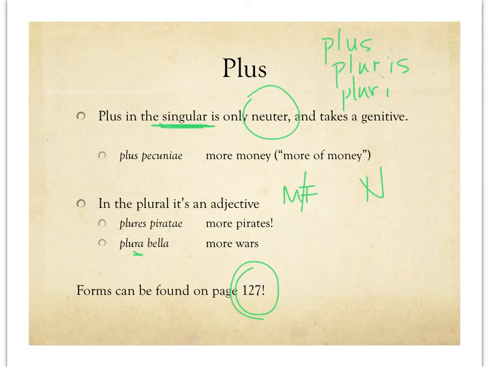So we're not going to say more bitter and say plus acer or something like that. We would use the comparative form acrius. But we use this only with nouns to talk about the number of things that we're talking about. So if I have one cat and you have more cats, you have plures feles. That's the only thing. But you do probably want to cast an eye at those forms on page 127.